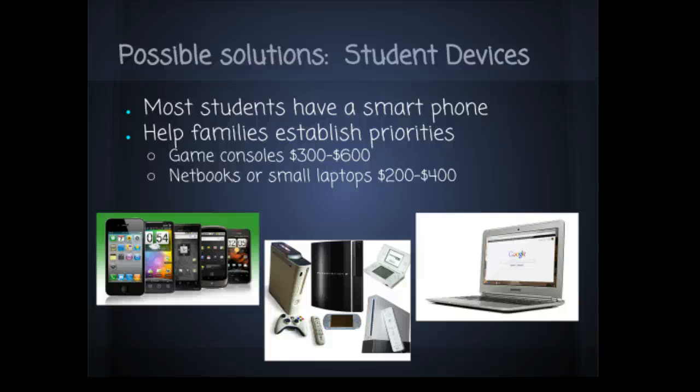They have Xbox, they have PlayStation, a Wii. Those aren't cheap. And anymore, netbooks or small laptops are getting cheaper. Again, it's about priorities. So make sure you get that message across to parents that this is a priority, that their children need to have a device and they need to be able to connect online to be a part of this connected world that we live in.